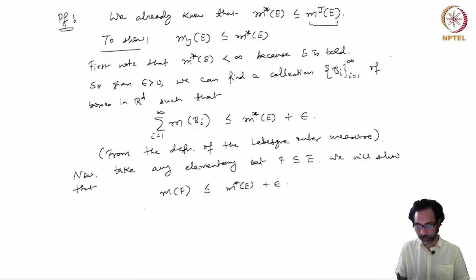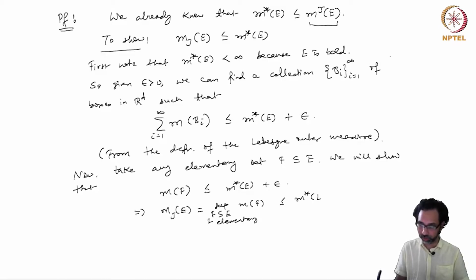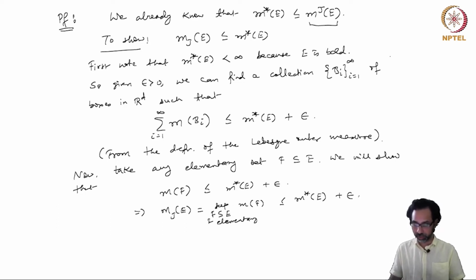One can then take the supremum on the left hand side and we get that the inner Jordan measure is bounded above by m*(E) plus epsilon, and because epsilon was arbitrary we would be done. So we have to show this inequality, that m(F) is bounded above by m*(E) plus epsilon.